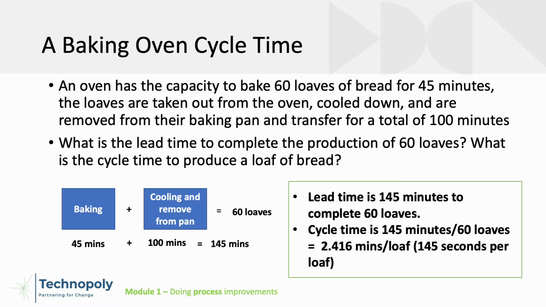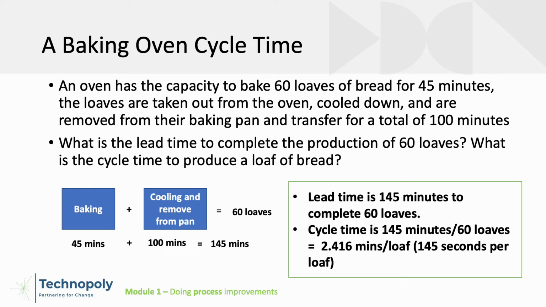To answer the first question, we simply account for all the processes and their times and add them up to capture our lead time. Hence, we have 45 minutes of baking, and 100 minutes of cooling, removing from pan, and transporting, giving us a total of 145 minutes for the 60 loaves of bread.